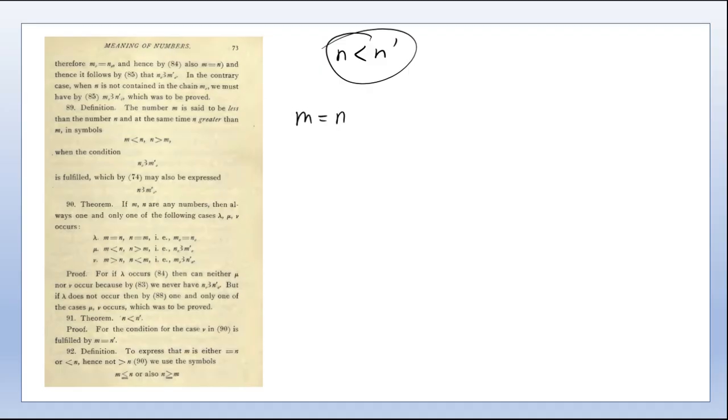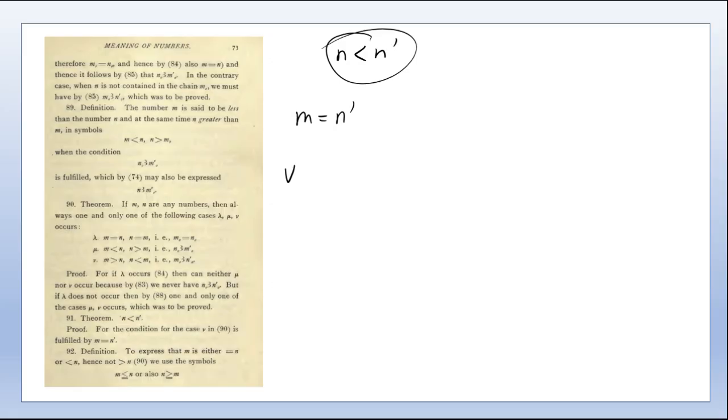So if we set m equal to n prime, then remember, of these conditions in theorem 90, only one can hold. Let's try out condition nu, because that's the one evidently that's fulfilled, and then I'll explain why we don't even need to bother checking the other ones.